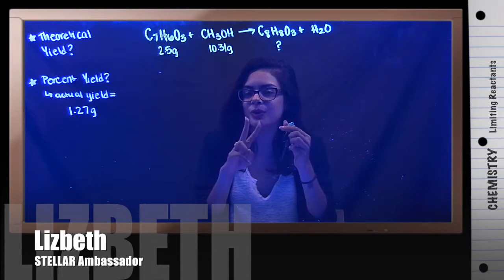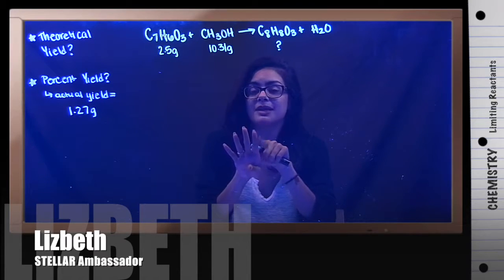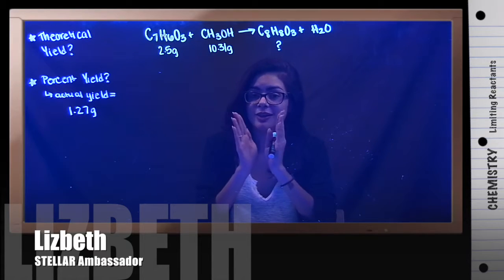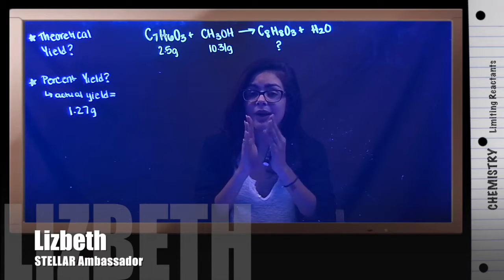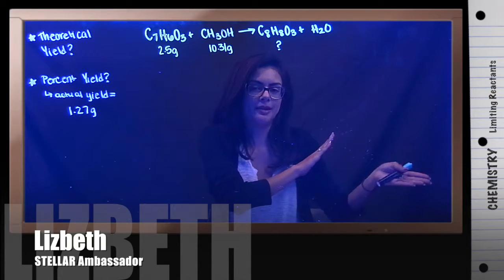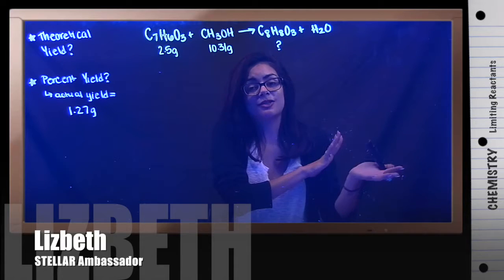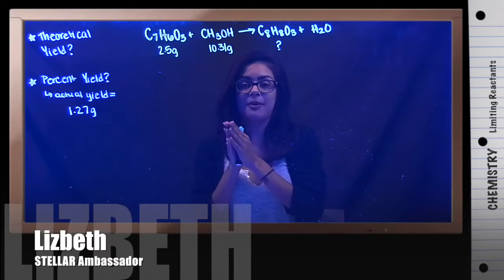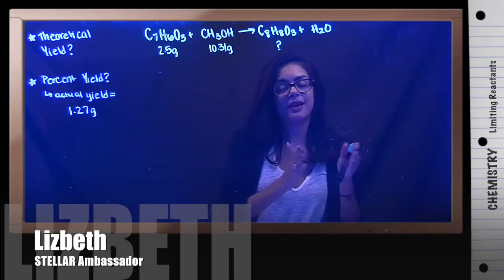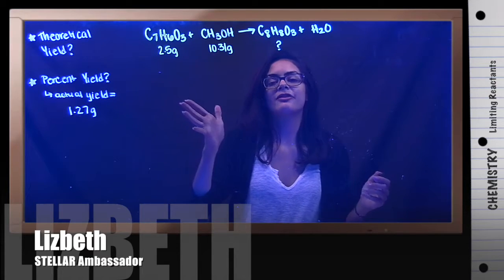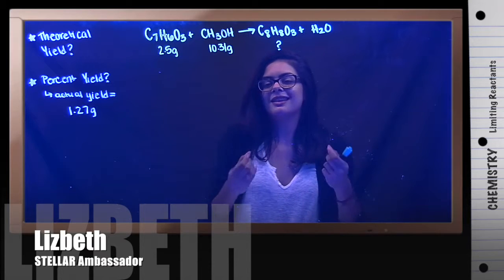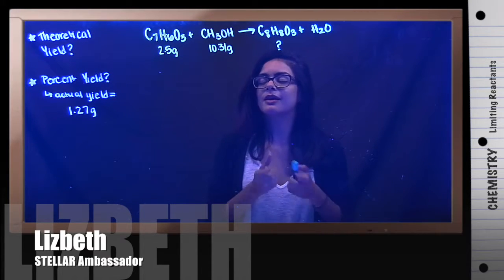You can only make 2, because those 4 pieces of bread are going to limit you from making any more, since each sandwich has 2 pieces of bread. However, that also means that you didn't use up all of your ham and cheese. So that would be your excess reactant. Your limiting reactant in that problem would be your bread, and your ham and cheese would be your excess reactants. What we're trying to figure out is which one of these is going to be consumed first and limit the amount of product that you can make.